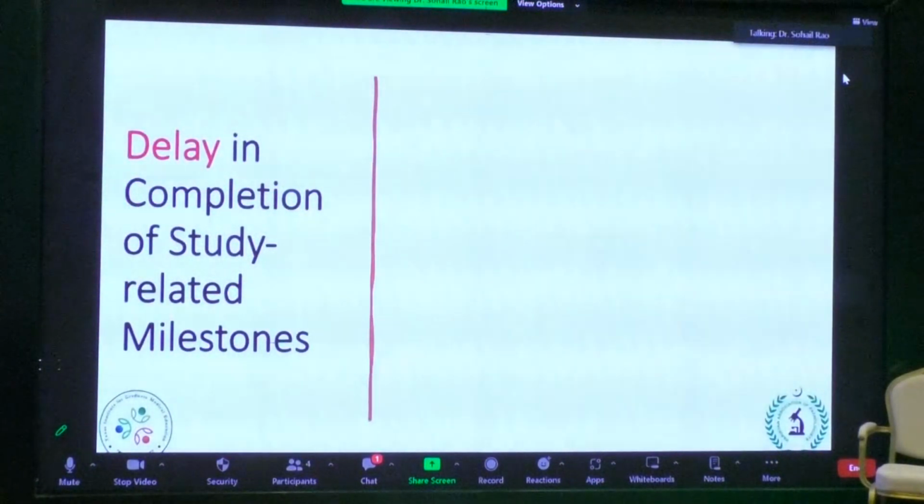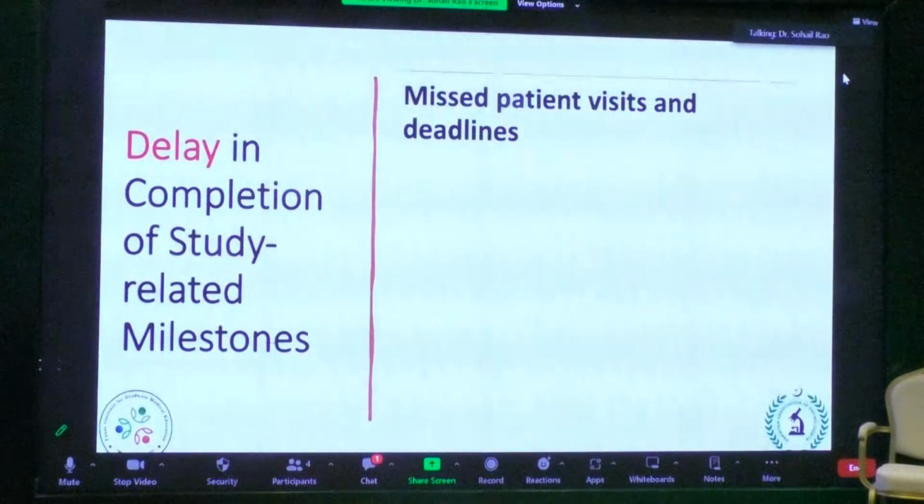One of the areas that was raised by a very large CRO, PPD, which is in the United States and actually in multiple countries, was that they had an experience at one institution in Pakistan where they had a delay in the completion of the study and related milestones.